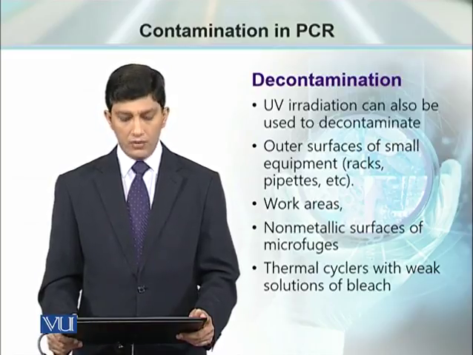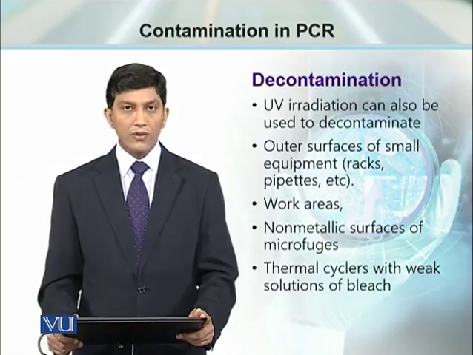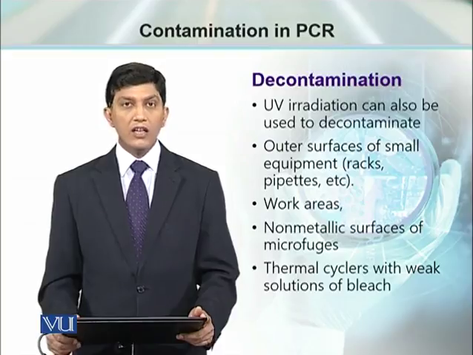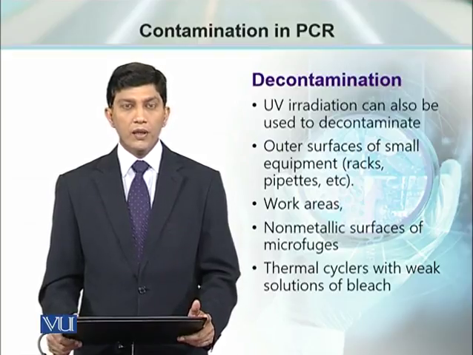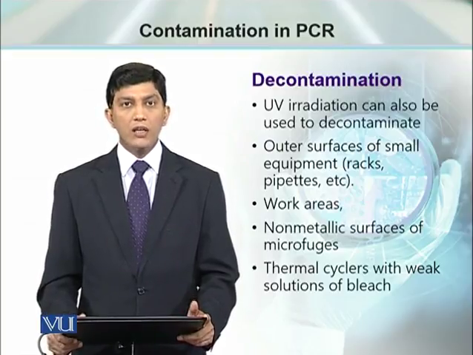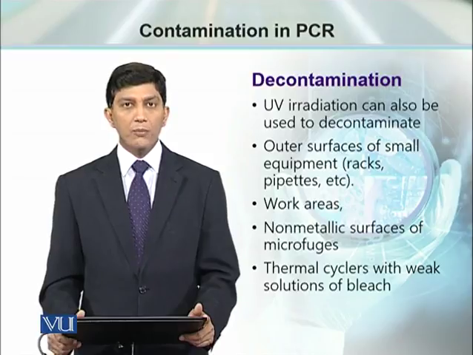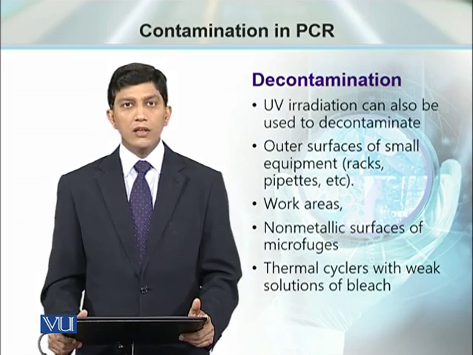The work areas and non-metallic surfaces of microfuges can be decontaminated by UV. However, the thermal cycler can be decontaminated using a 10% solution of bleach. All these methods can be employed to get rid of the contamination and decontaminate the equipment.